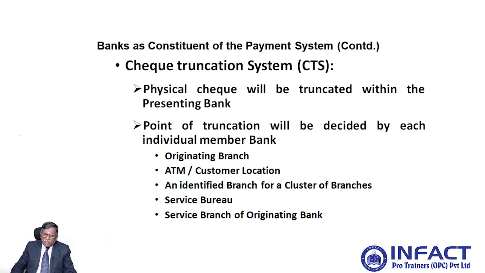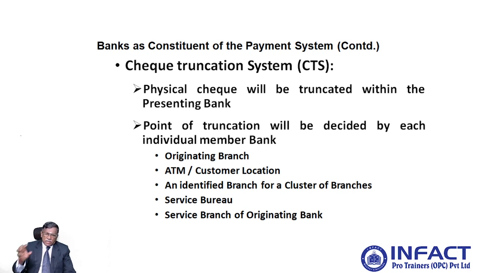Let us take the case of State Bank of India. If you look at Chennai city alone, they have more than 300 branches. ICICI Bank has more than 100 branches. Indian Bank has more than 100 branches. Each branch will not have this particular system in place because cost-wise it's on the higher side.